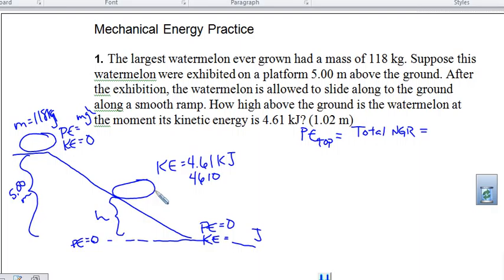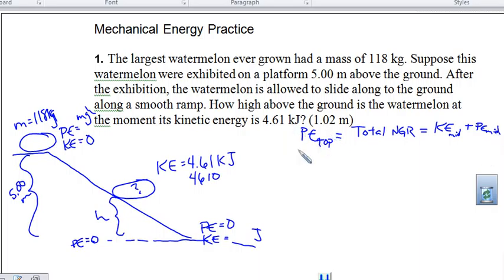Because the question is asking for when the kinetic energy is 4.61 kilojoules, I'm going to set the total energy at the top equal to the total energy at that location. The types of energy at that location are kinetic energy, and I'm just going to call that midpoint, plus the potential energy at that midpoint because it is still above the ground.